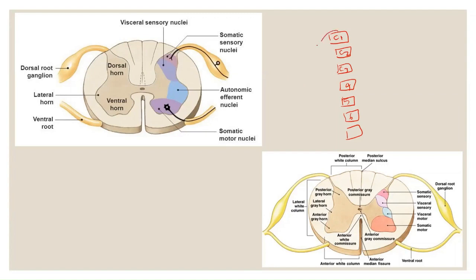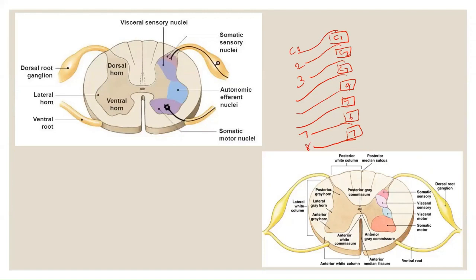The first cervical spinal nerve comes from above the first one. This is the first cervical spinal nerve. Then you have the second coming from above the second one, the third one coming from above the third, and then up to the seventh one, you have the cervical nerves coming from above the relevant vertebrae. This is the seventh, and you have an 8th cervical nerve as well.